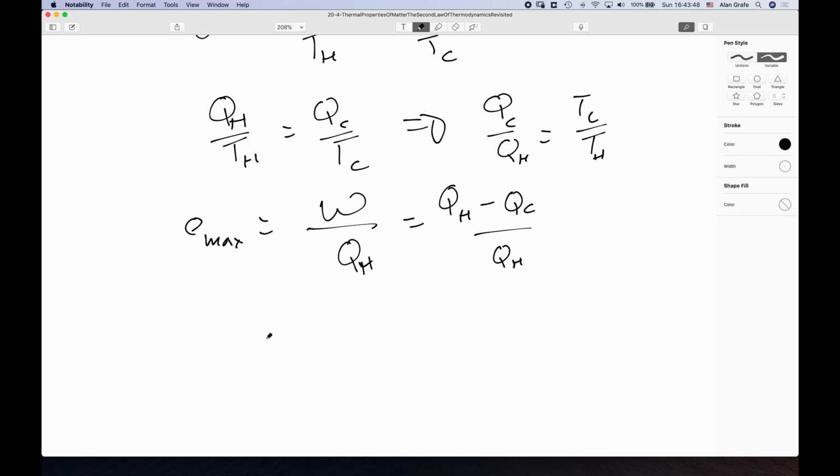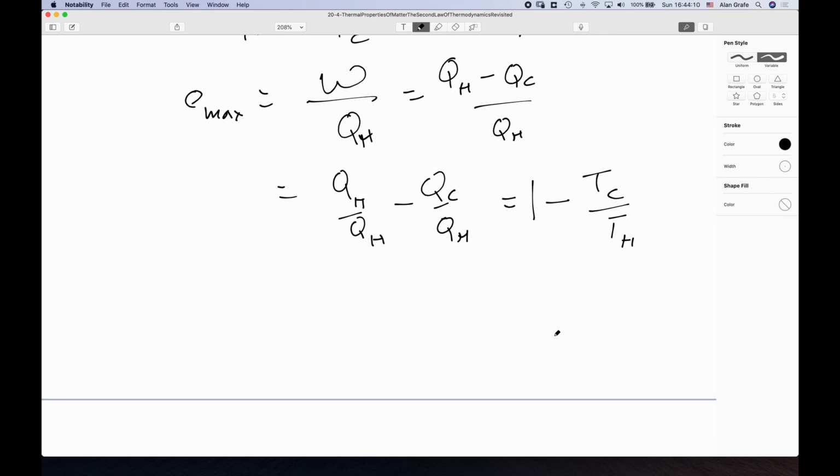Let's expand that out: Q hot over Q hot minus Q cold over Q hot. This is 1. Now this Q cold over Q hot we worked out is also equal to T cold over T hot. So that is your maximum possible efficiency. It's 1 minus T cold over T hot.